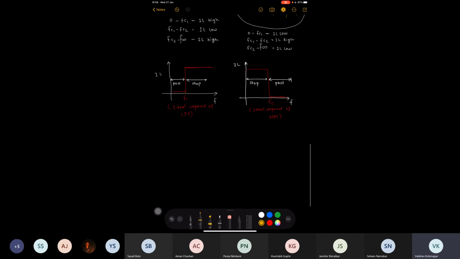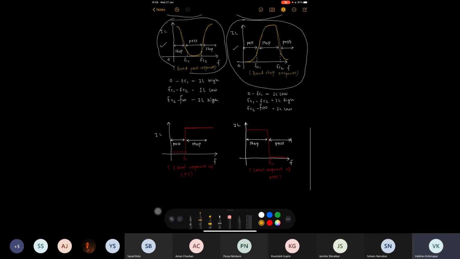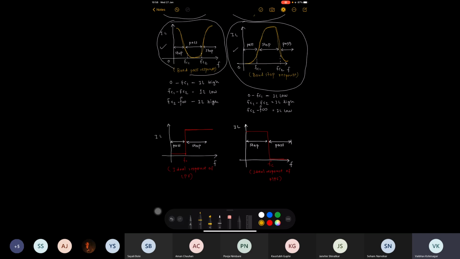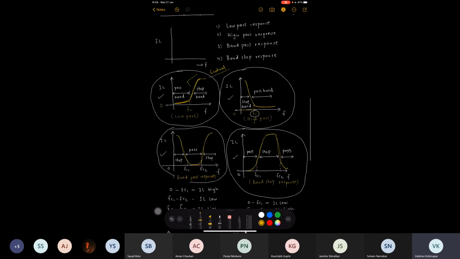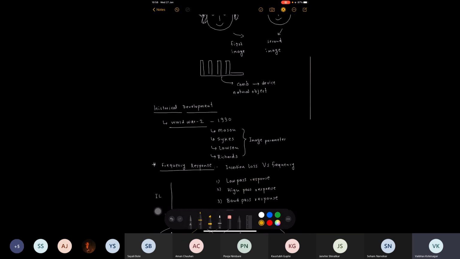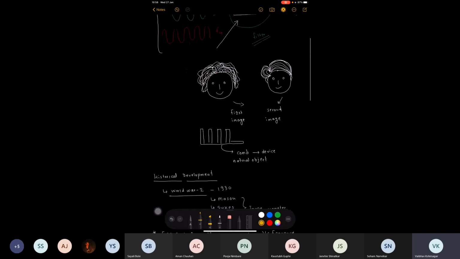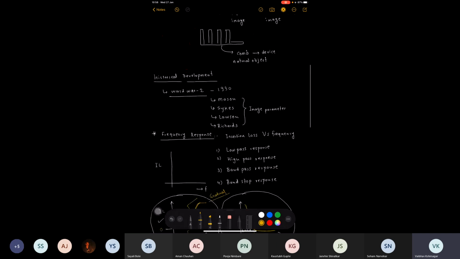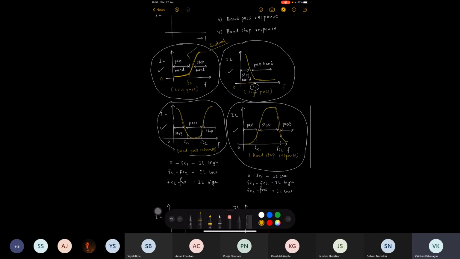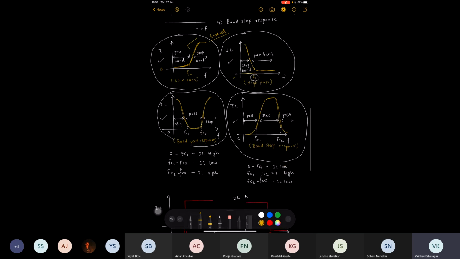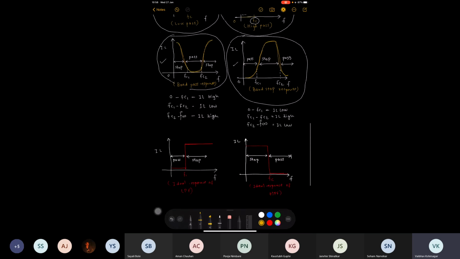I hope you understood the basic terminology of filters, how they were historically developed, and the physical significance of a filter. I took the example of neat representation of a person's hair with the help of a comb. Then we discussed the four preliminary responses of the filter and how they are defined: low pass, high pass, band pass and band stop.